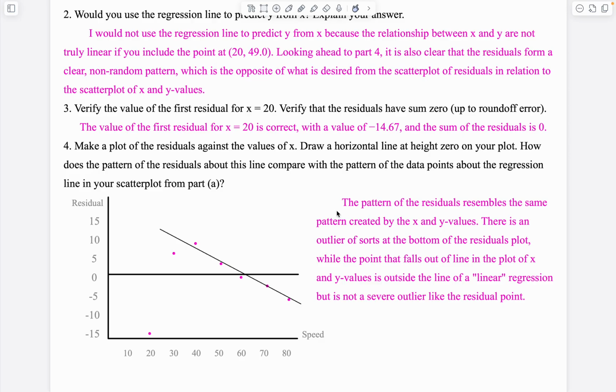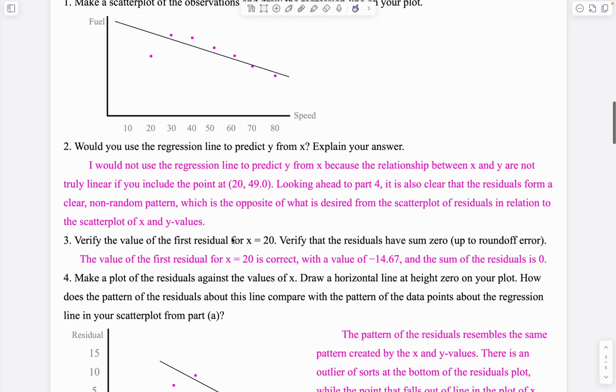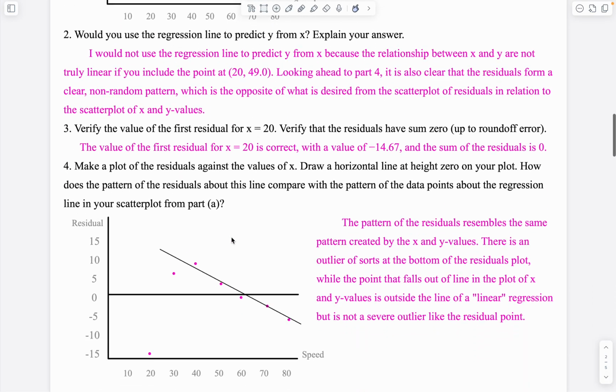So part 4 asks, make a plot of the residuals against values of x, draw a horizontal line at 0, and how does the pattern of the residuals compare with the pattern? So like I said, the pattern is very similar if you look at the two.